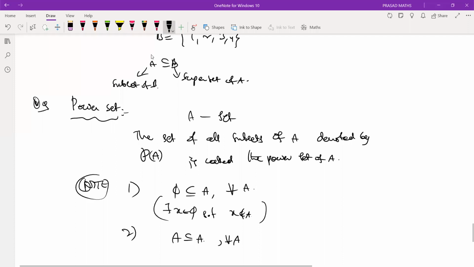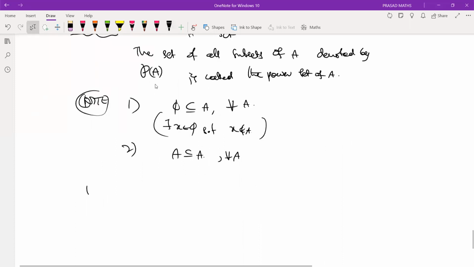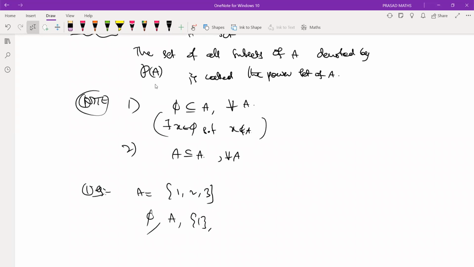Let me give an example of a power set. Suppose A equals {1, 2, 3}. What are the subsets now? The empty set is always a subset, and A is a subset of A, and singletons, 2-tons, and the 3-ton, which is the set itself.